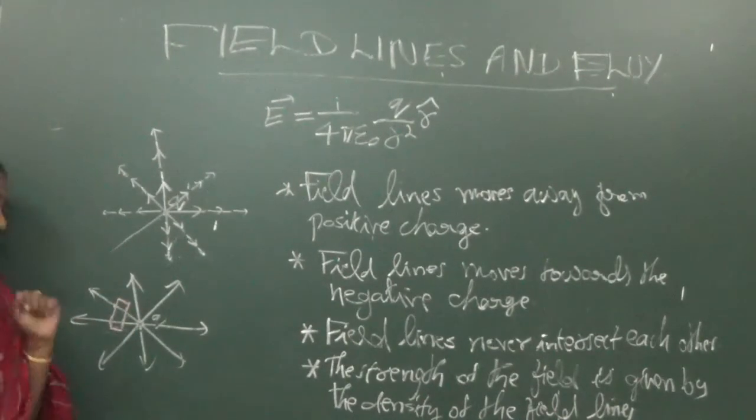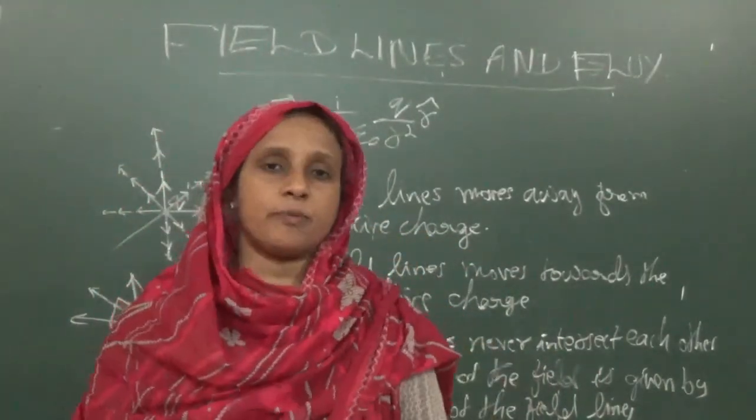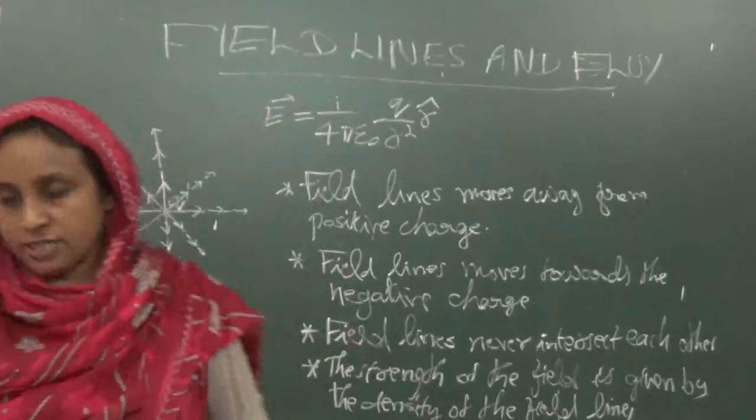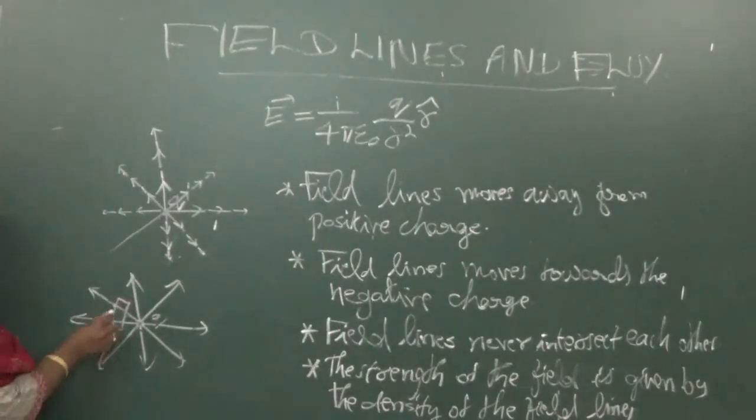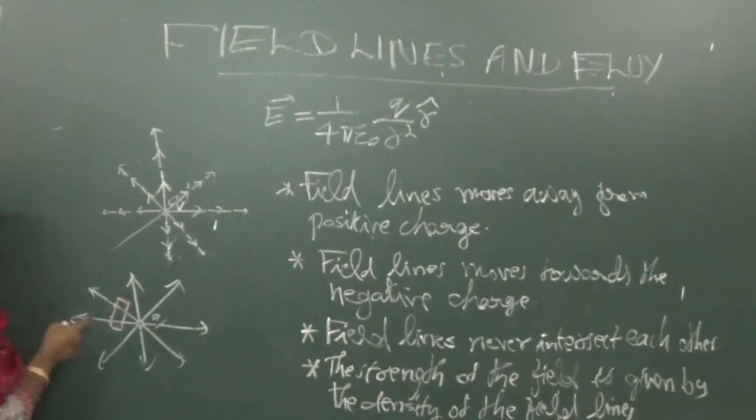Now the strength of the electric field is given by the density of the field lines. For example, consider a small area like this. As this area is nearest to this point charge, there are two field lines passing through this area.